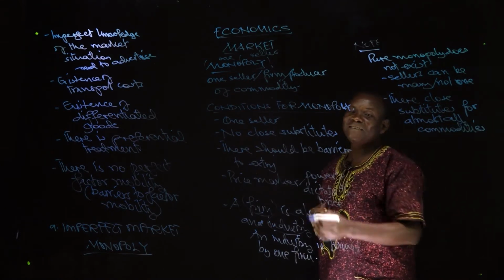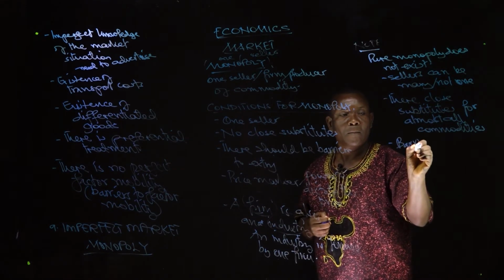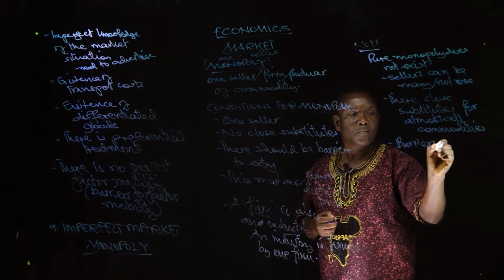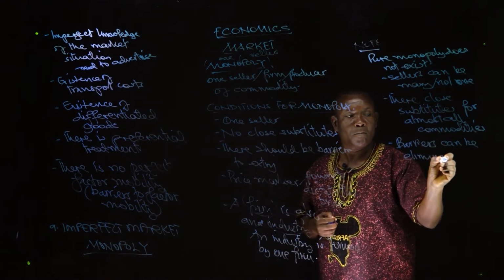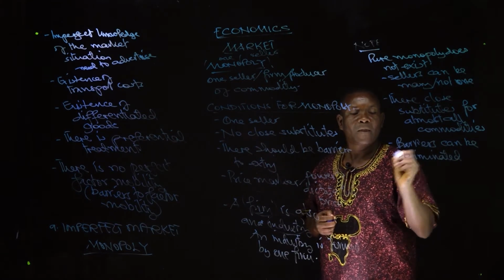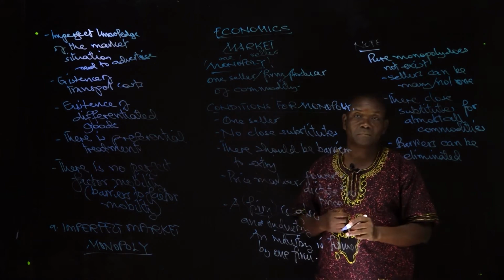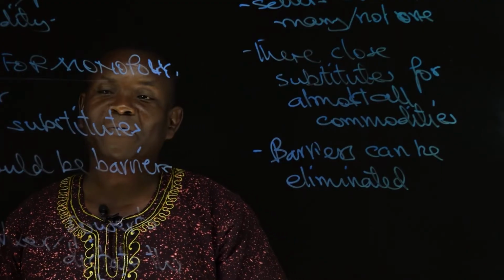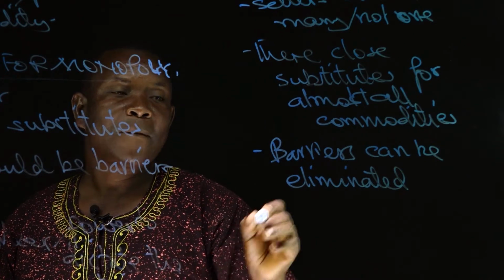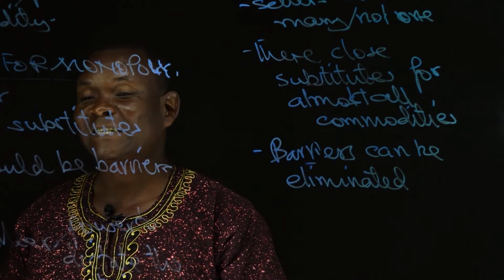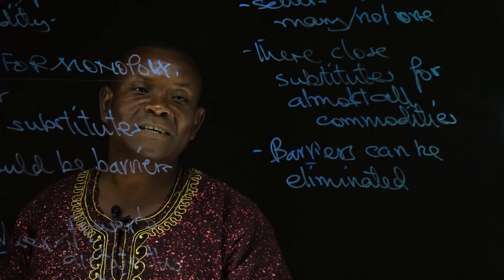The barriers to entry can be removed, can be eliminated. Apart from elimination of the barriers, the power to make the price can be restricted.